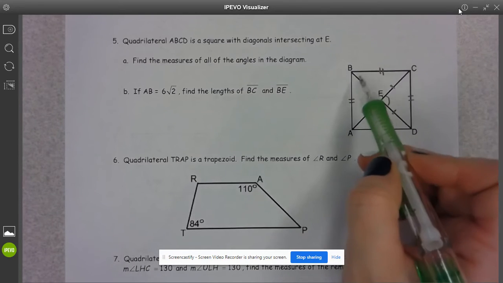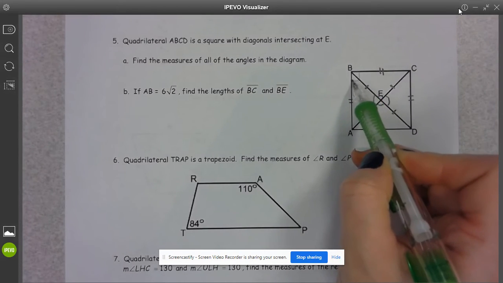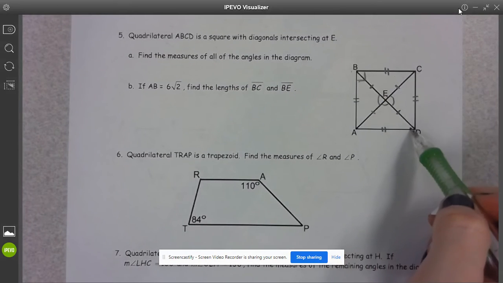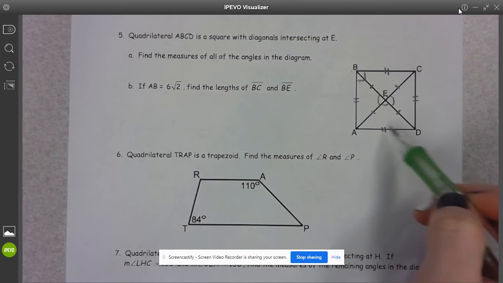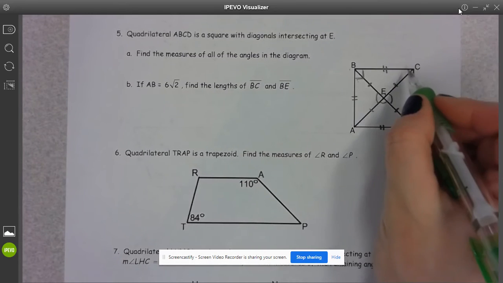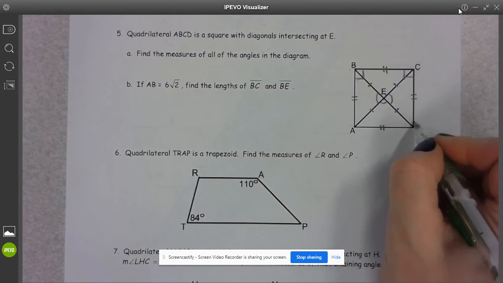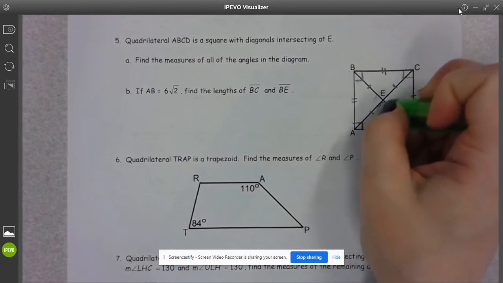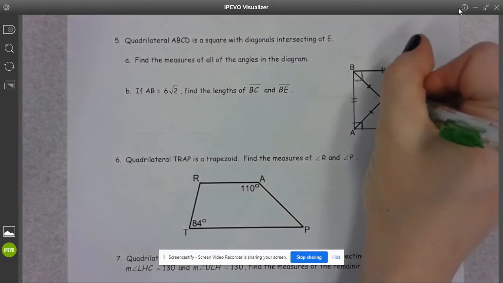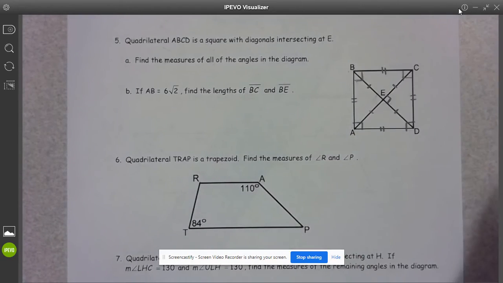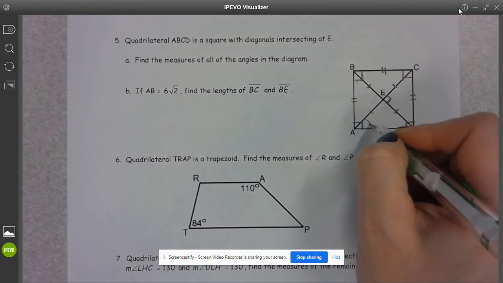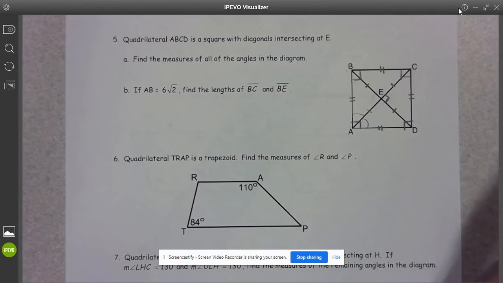Now let me rephrase. Angle ABC, angle BCD, angle CDA, and angle DAB, all my big angle corners are right angles. And I'm going to tweak this because my diagonals here intersect at perpendicular angles. And then all of my smaller angles in here are all congruent.